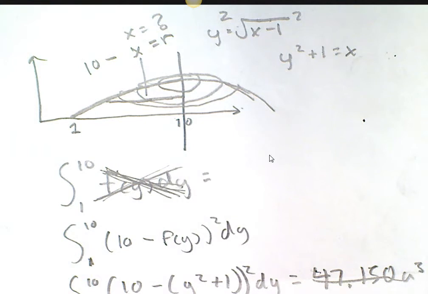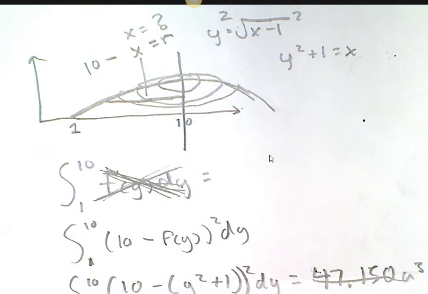Now, the x value is actually this entire length. So the x value is this length, and the radius is 10 minus that length.